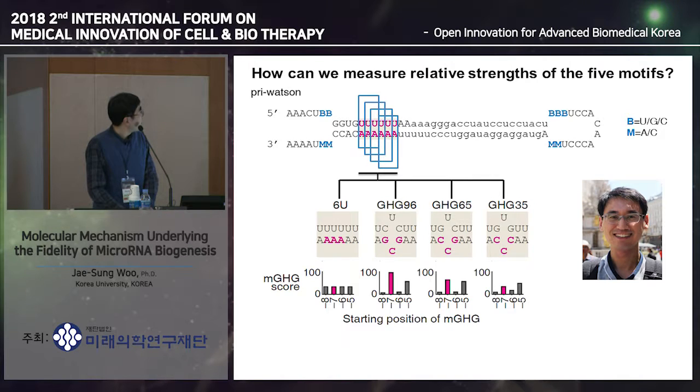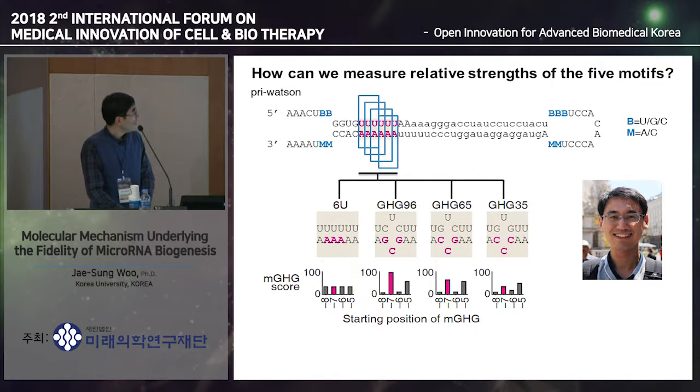First of all, it has 6 UA base pairs here. What this means is that these 4 boxes will have the same MGHG scores, so all 4 boxes have the same score. This will remove positional specificity.